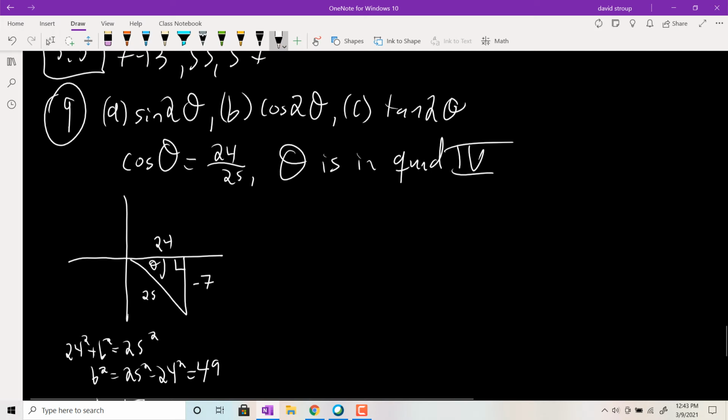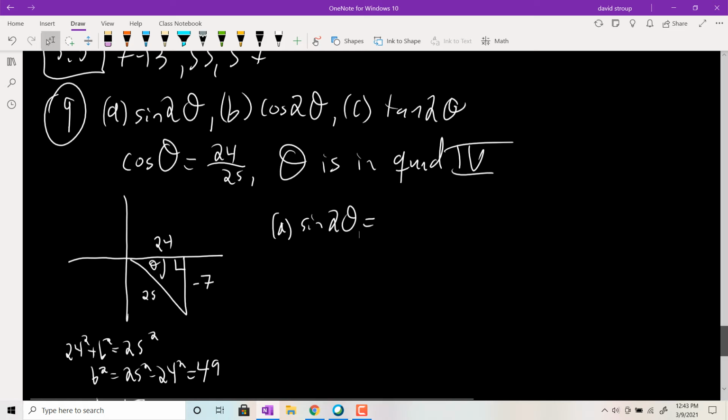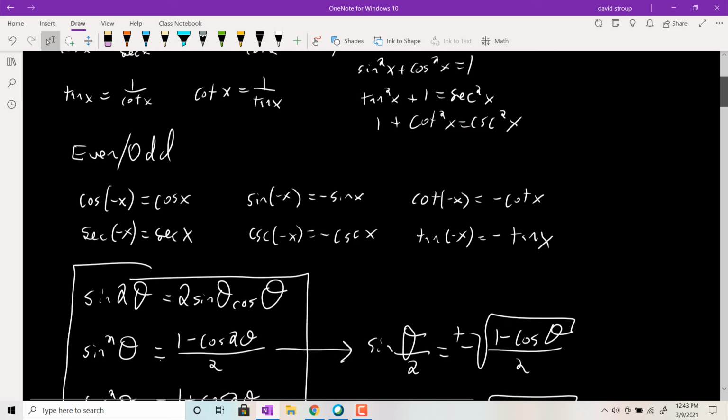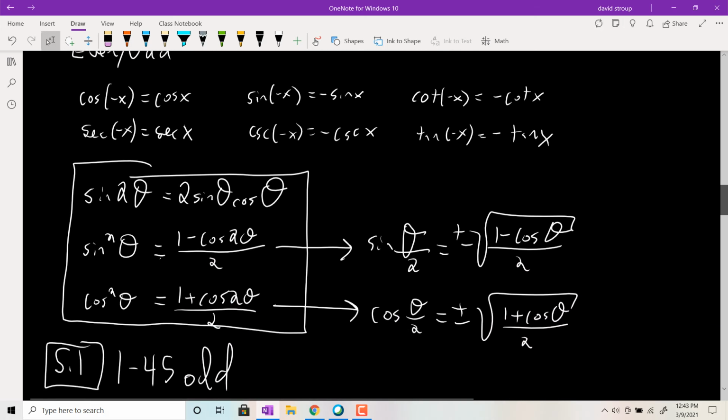Okay, so part A, sine of 2 theta. So you want to convert this into trig functions that have just theta in them. Okay, so if you remember back to those 3 formulas at the top of the page, it's the first formula.